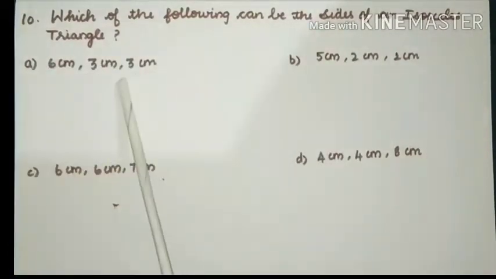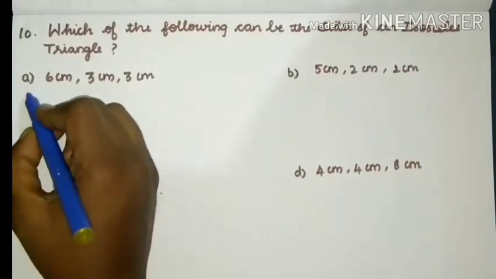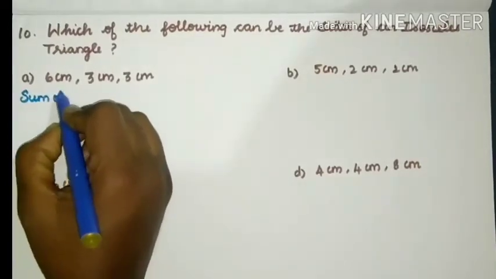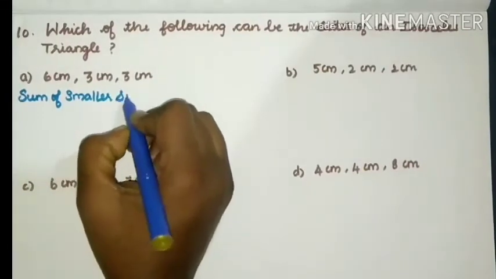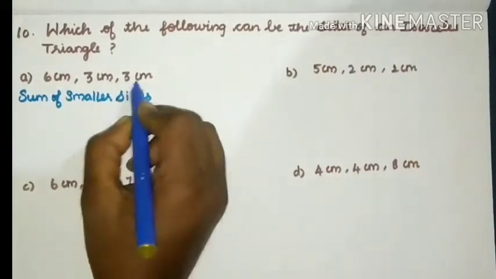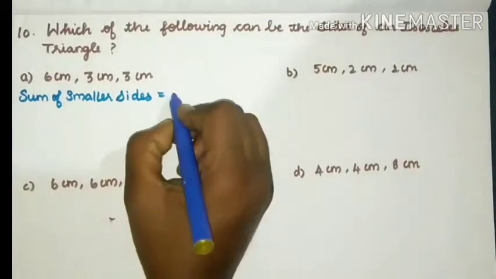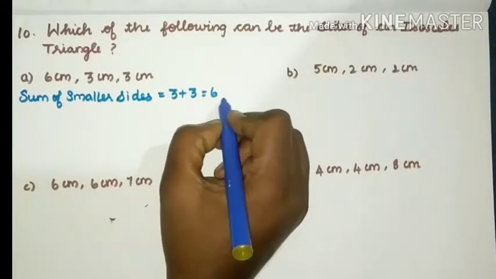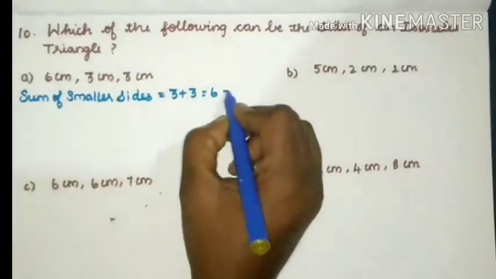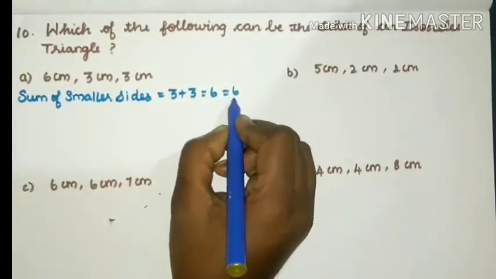Here two sides are equal, but we have to check whether a triangle can be formed with the given sides. For that, first we have to find the sum of smaller sides. Here the smaller sides are 3. 3 plus 3 equal to 6. It is equal to the third side. 6 equal to 6.